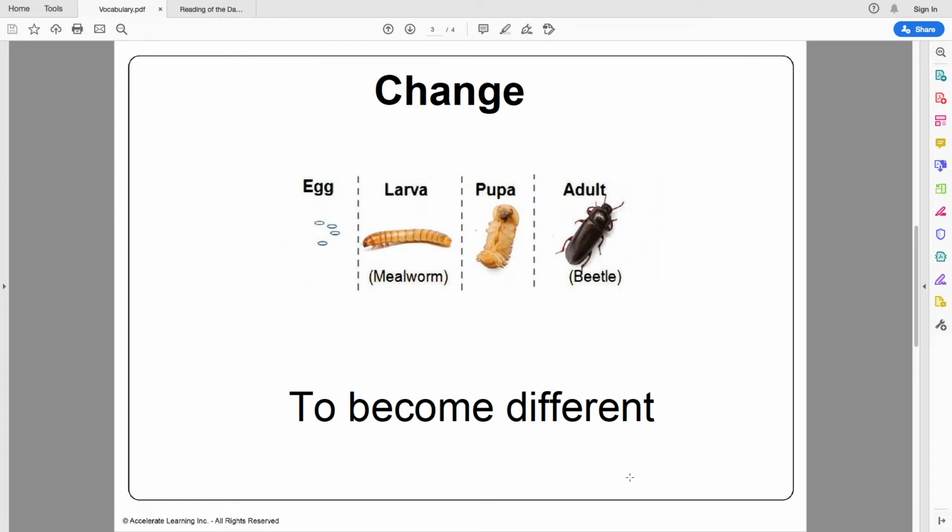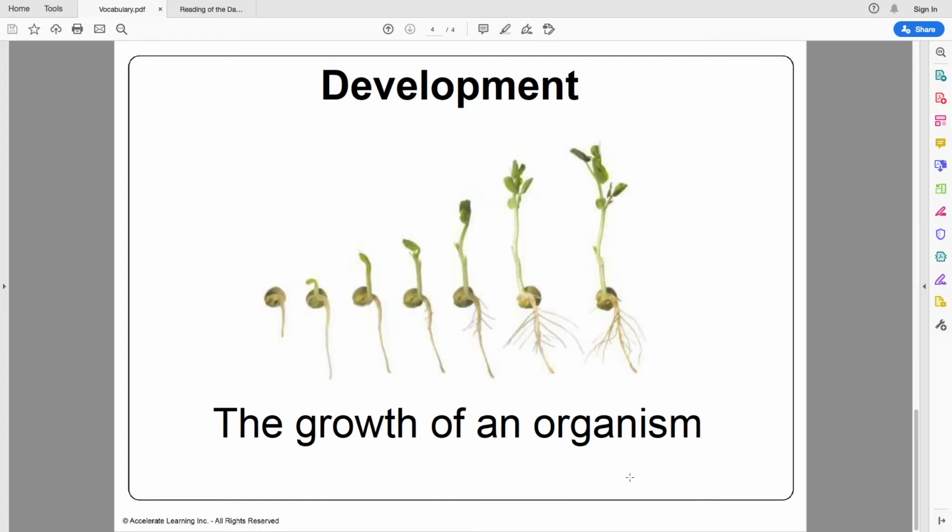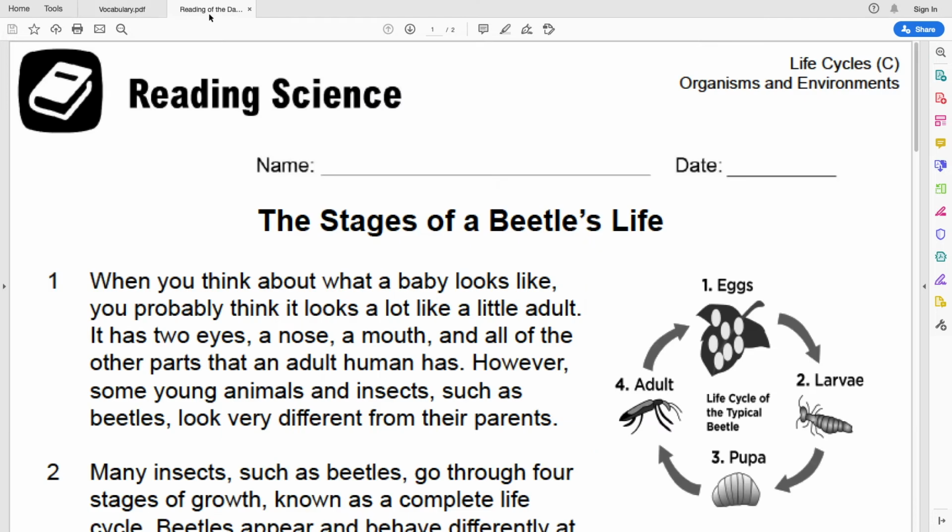Change. And the definition for change is to become different. And the last one, development, the growth of an organism. Okay, so there you go. Remember that you have this in Schoology. So now, guys, you are more than ready to start with the article.